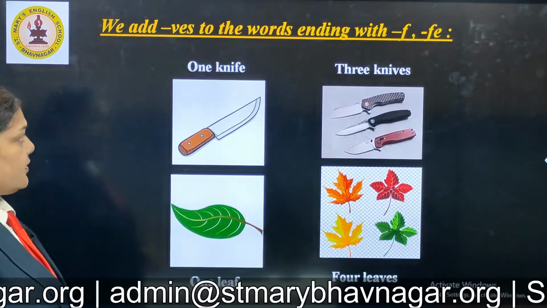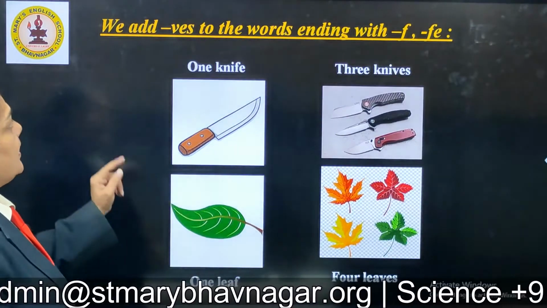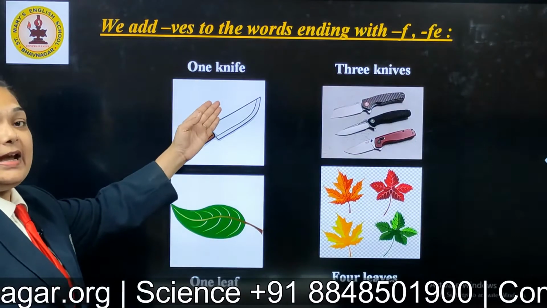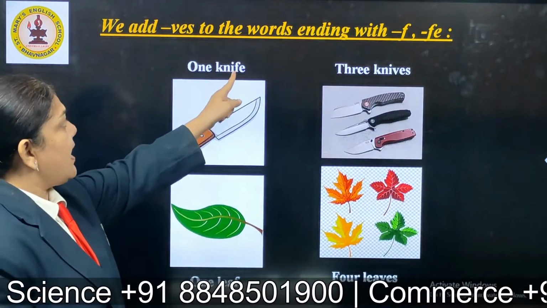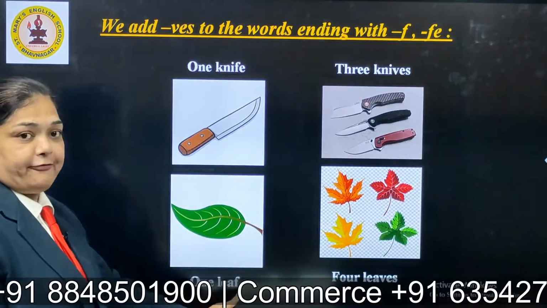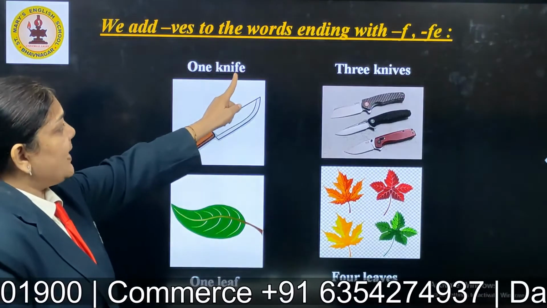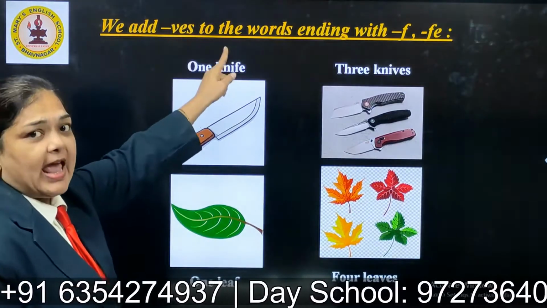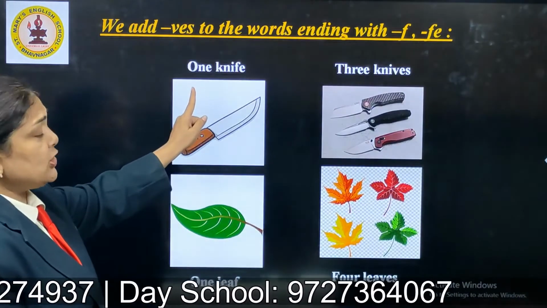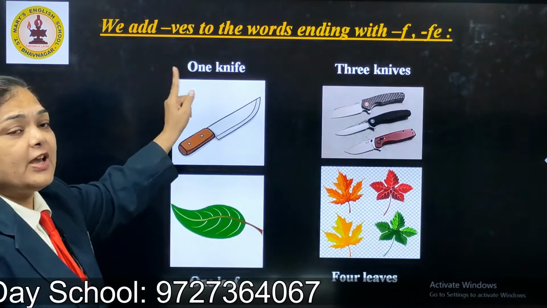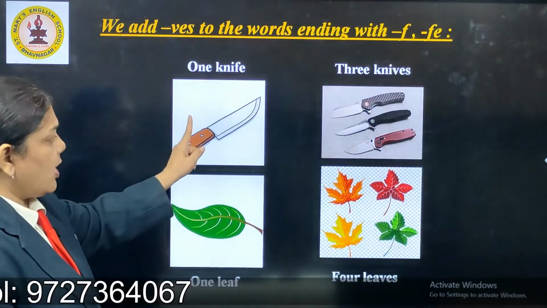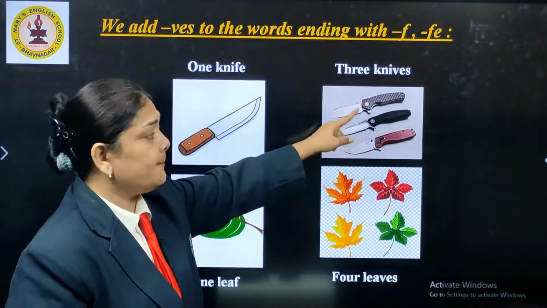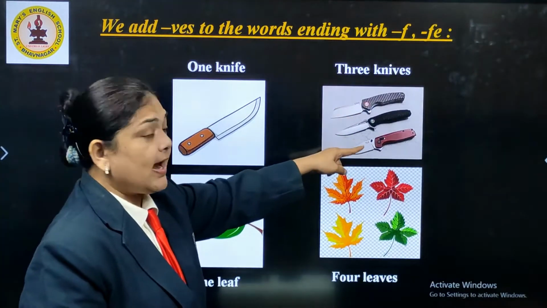Yes, now children, you can see that we add VES to the words ending with either FE or F. In the place of FE, what are we adding? VES, right? Can you see over here the spelling of knife? How many knives are there? One knife. And here you can see how many knives are there? 1, 2 and 3.